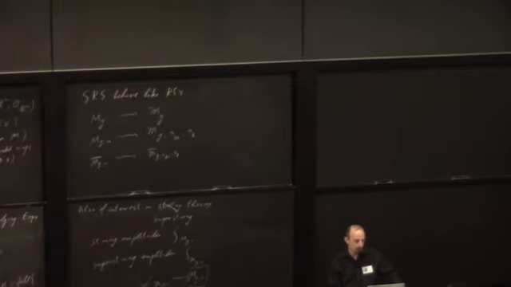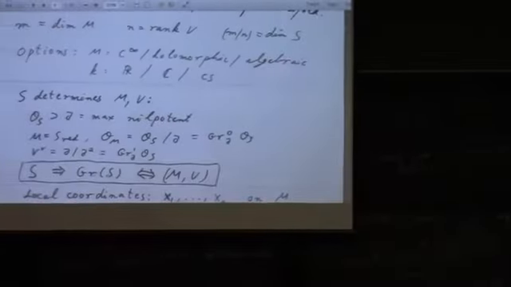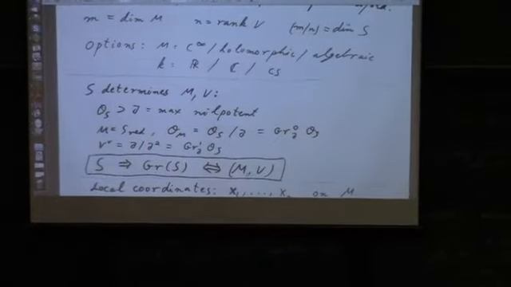And similarly, if you take J mod J squared, the first graded piece, that gives you, well, the dual of V. So you can recover V and M from S. And to capture the situation, the supermanifold S determines a graded version of S, which is a split supermanifold. Knowing the split supermanifold is equivalent to knowing a manifold and a bundle.